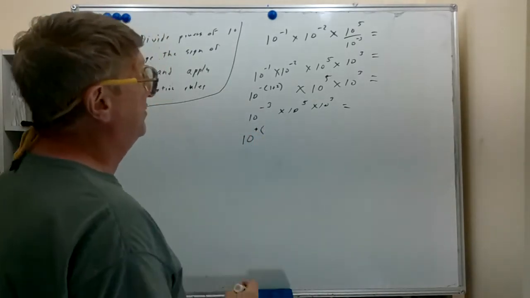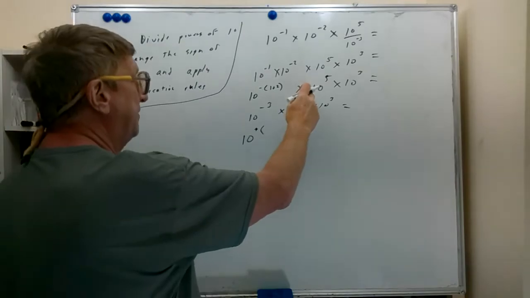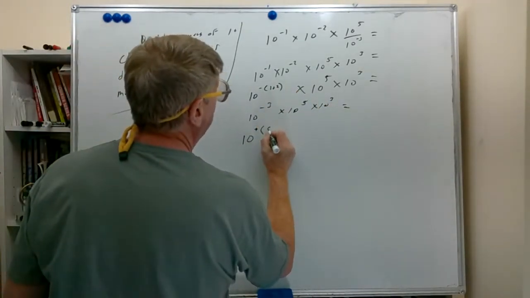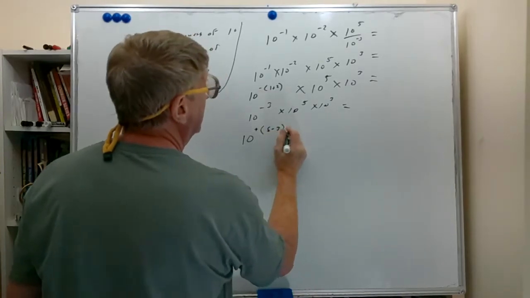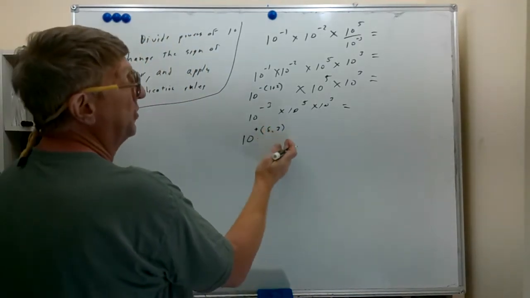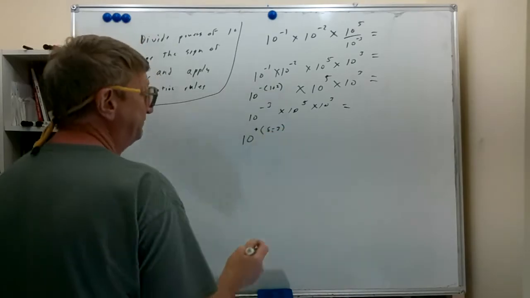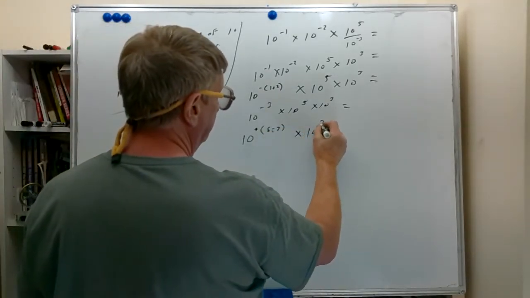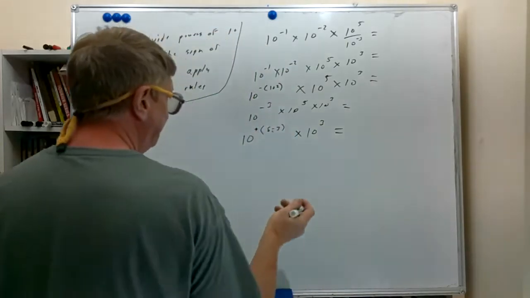Normally you do not need to display the plus. I'm going to do my parentheses. I'm going to subtract the smaller absolute value from the larger absolute value. So it's going to be 5 minus 3. These are both absolute values, but we're subtracting. And still times 10 to the 3rd. And what does that equal?